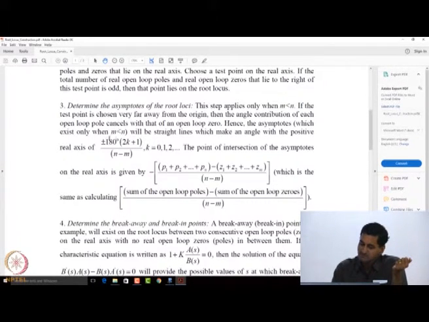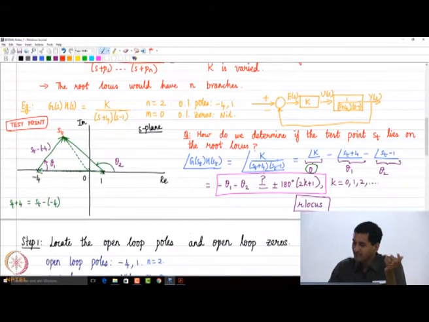Hence the asymptotes will be straight lines which make an angle with the positive real axis of plus or minus 180 degrees times 2k plus 1 divided by n minus m, because n minus m would be the difference. If I go to this file, here we did not have a zero. So what did we get?